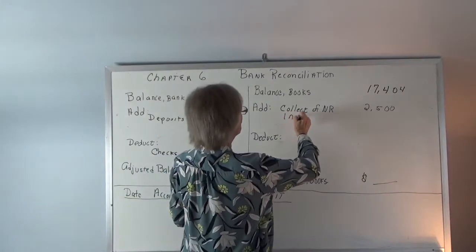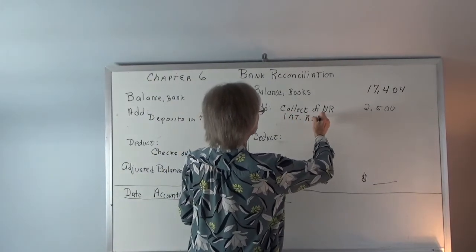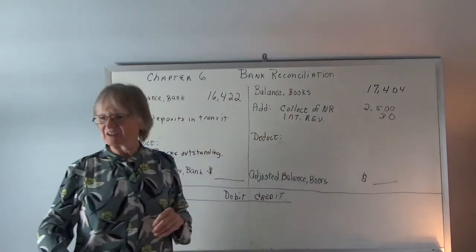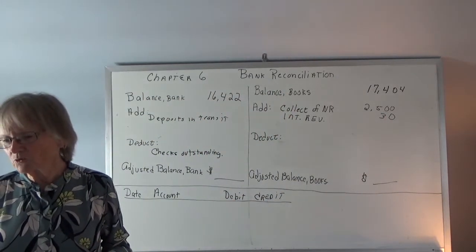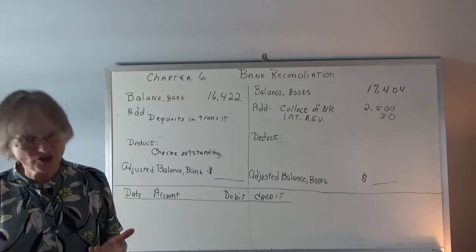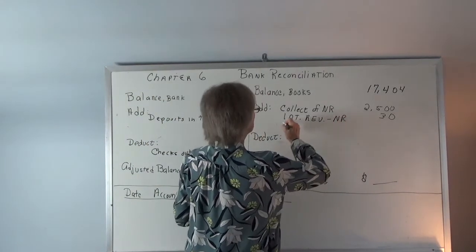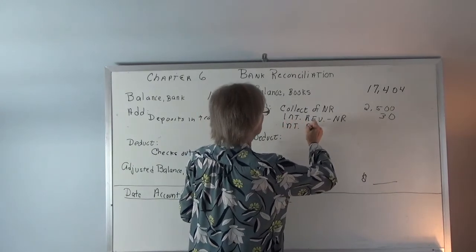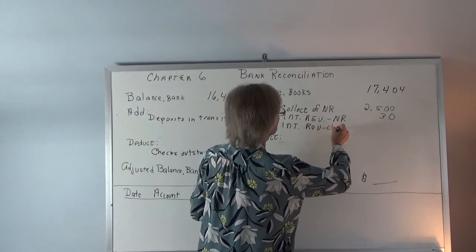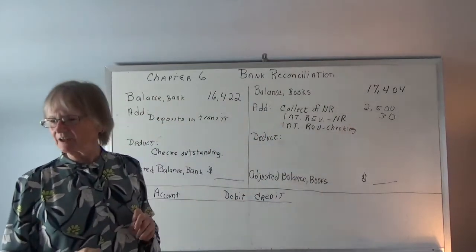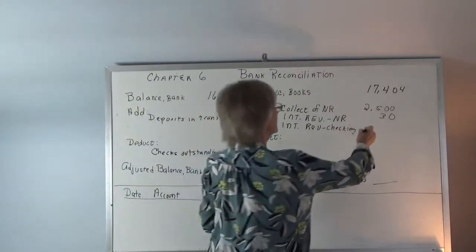Okay, so we had some interest revenue connected with the note of 30. It says there was interest earned on the checking account, so we might want to put interest revenue on the note receivable, and then we've got interest revenue on the checking. Okay, and that was 45.